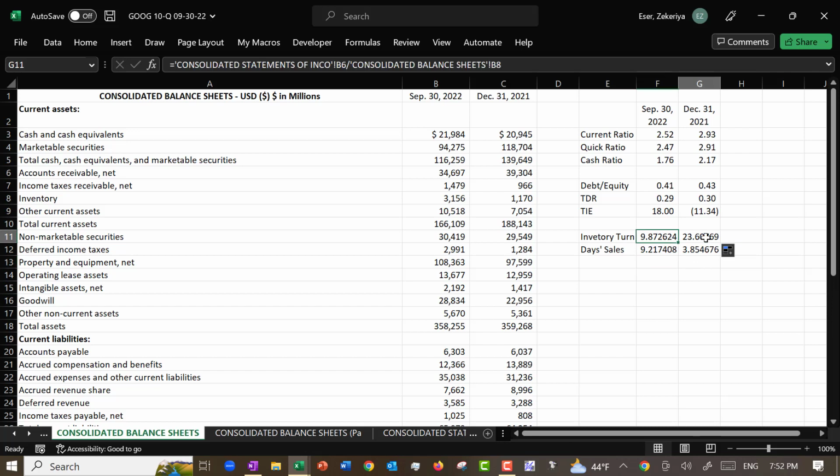So in Google's case, the inventory was about 4 days worth in 21. It's now about 9 days. But then again, what's inventory for Google? They don't have that many products that would serve as inventory. They don't sell packaged software that much. This fact doesn't mean much for Google.